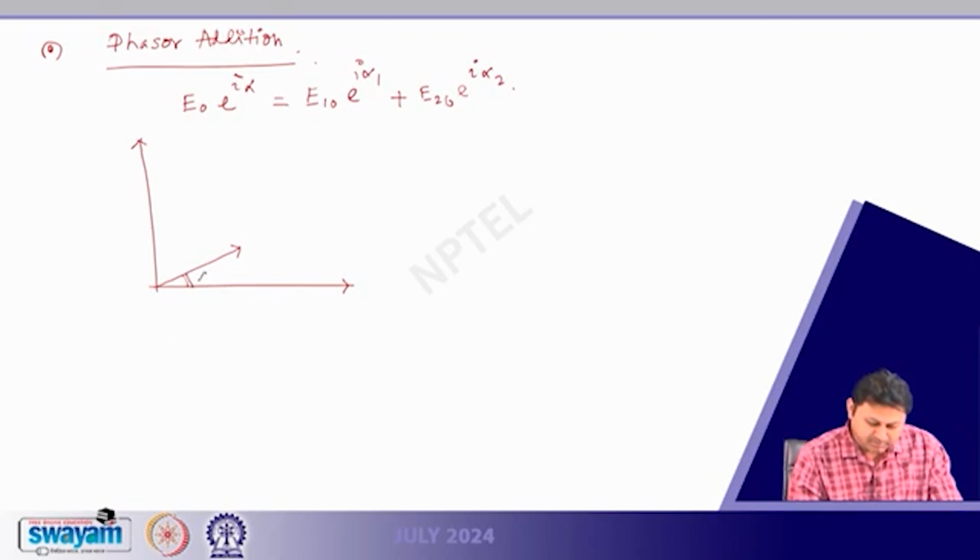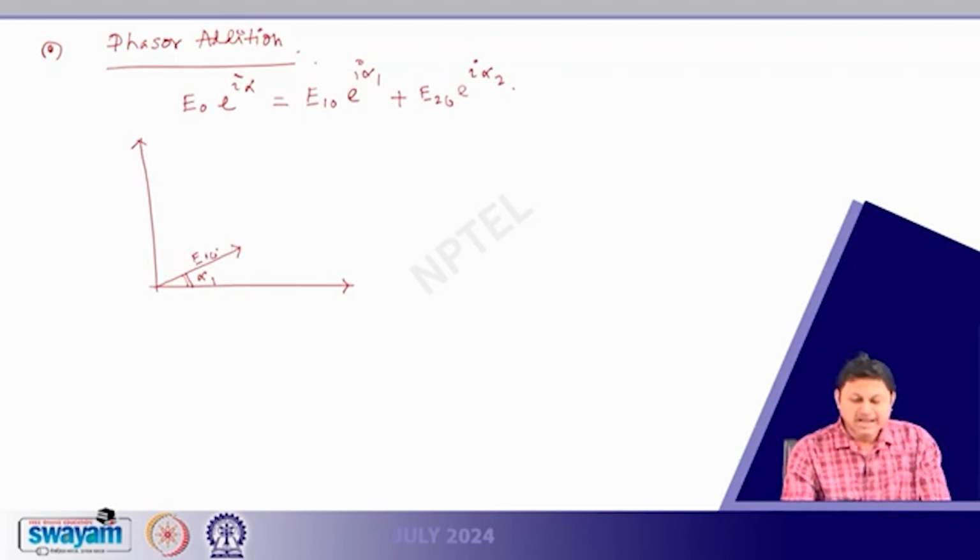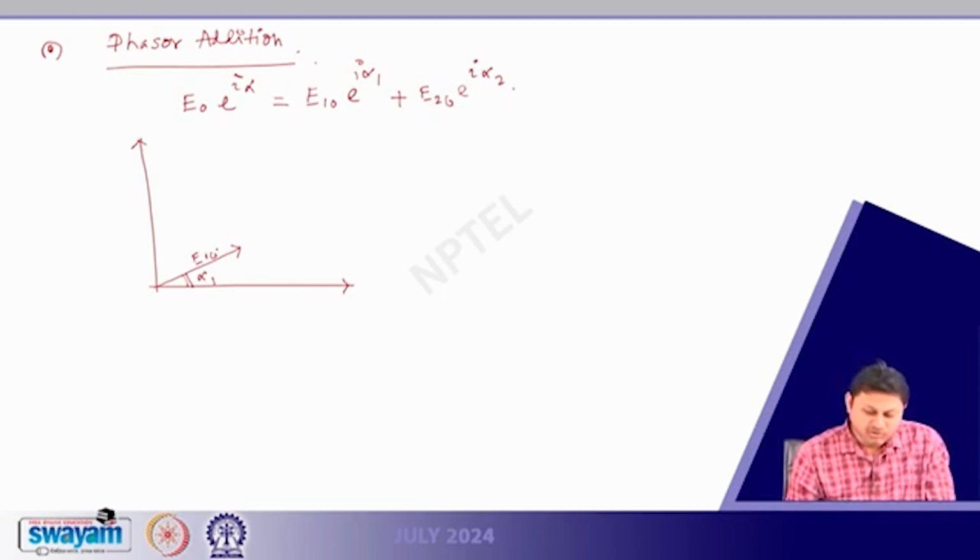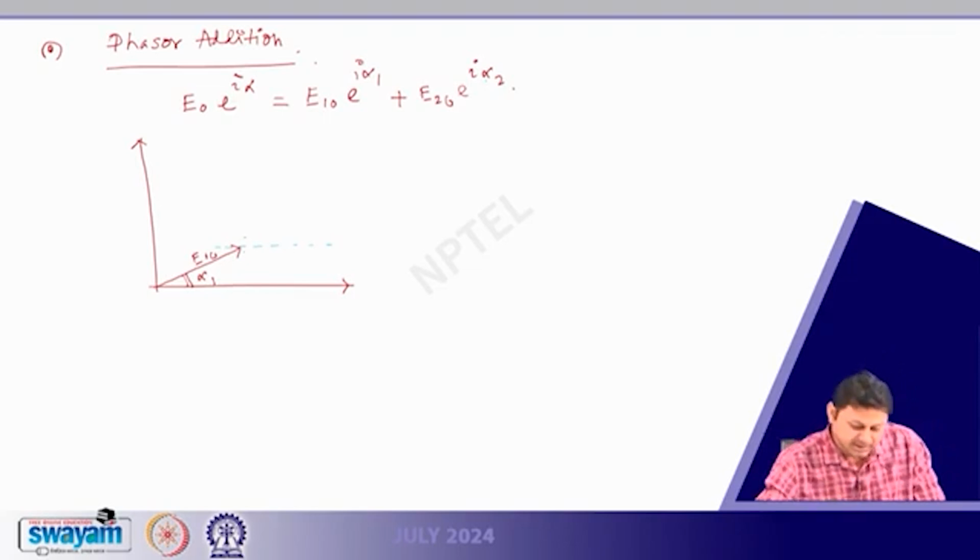So this is my alpha 1 and this value is E10. Then we add the next one, which is E20 e to the power of i alpha 2. So in order to add, I make a horizontal line here, and from the tip of this line I add, such that this line should make an angle alpha 2 with this dotted line, and I'm going to get something like this.